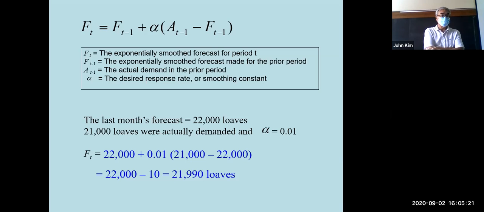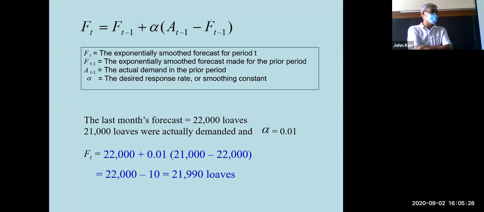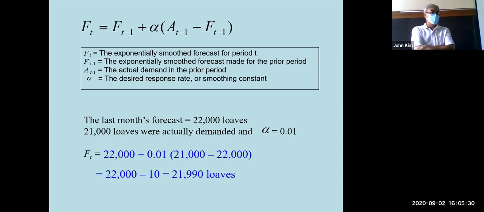So using this formula, we can get the forecast demand for term t by exponential smoothing.